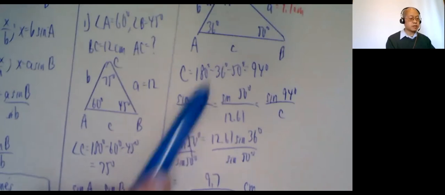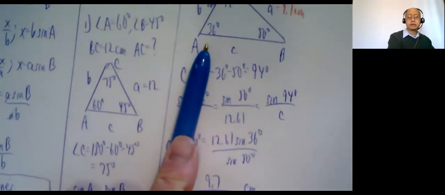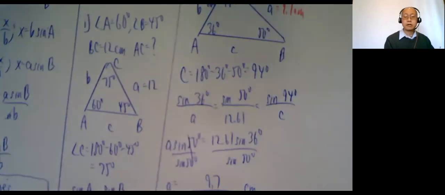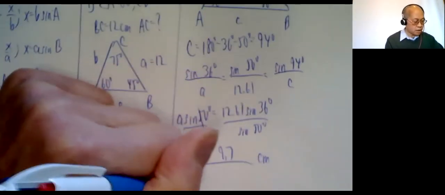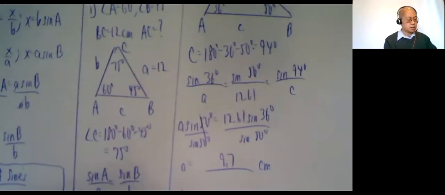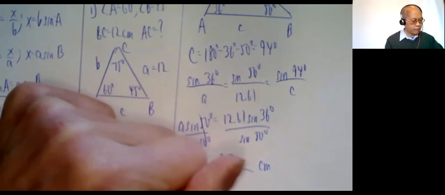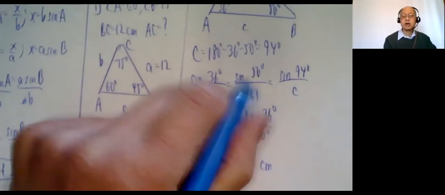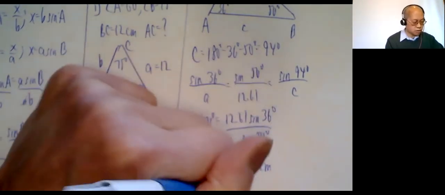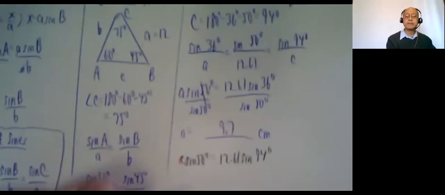And now to find little c, I ignore this and cross multiply here. That's all there is to it. So c sine 50 equals 12.61 sine of 94 degrees, and divide by sine of 50.